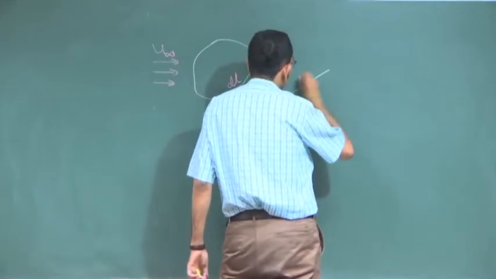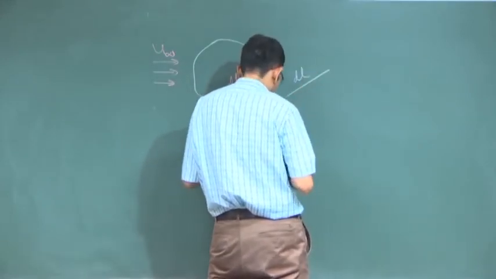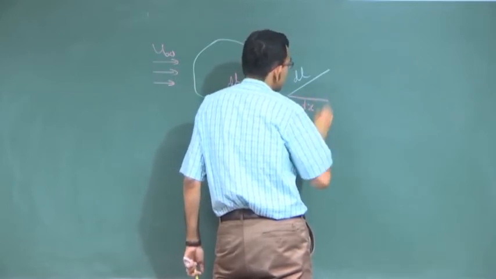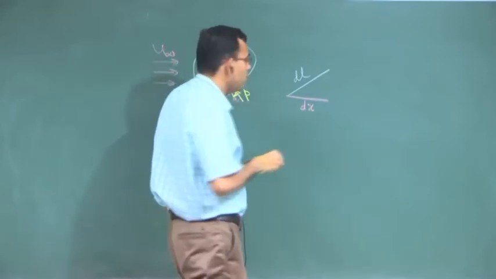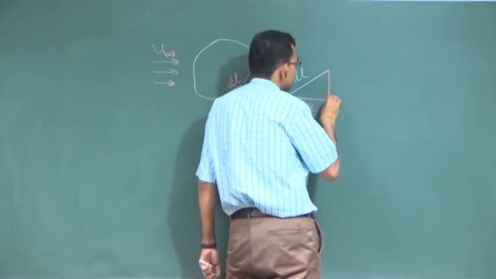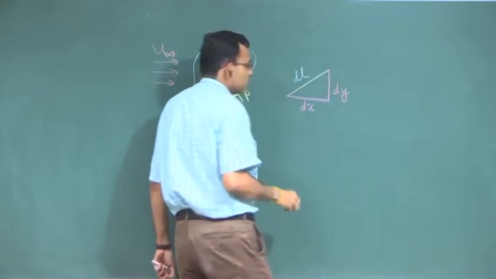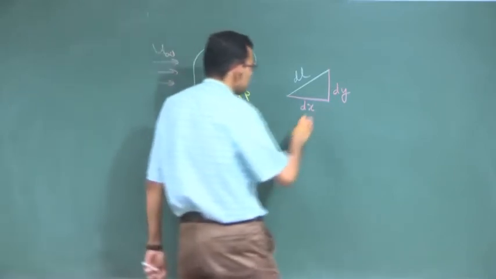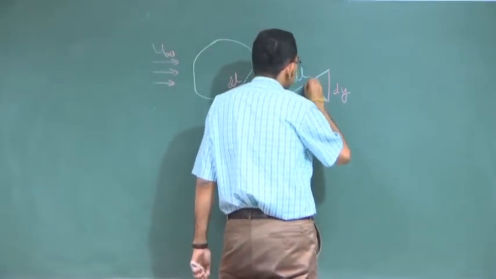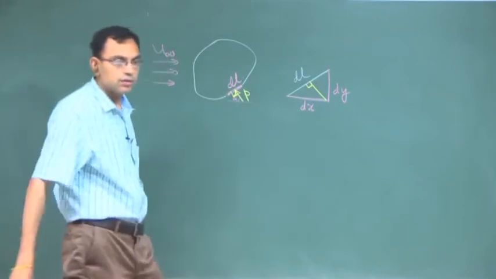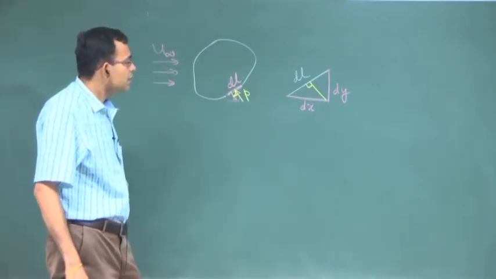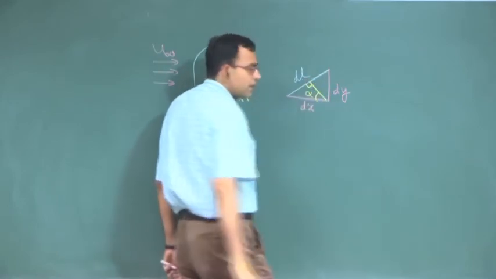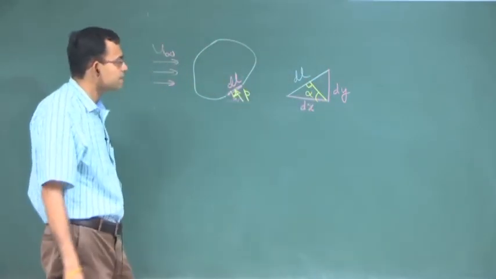So, now if you consider this dl, dl will have its components, say dx along x and dy along y. And this is the direction of P. So, we can construct a vector P like this arbitrarily with an angle, say alpha, with dx.